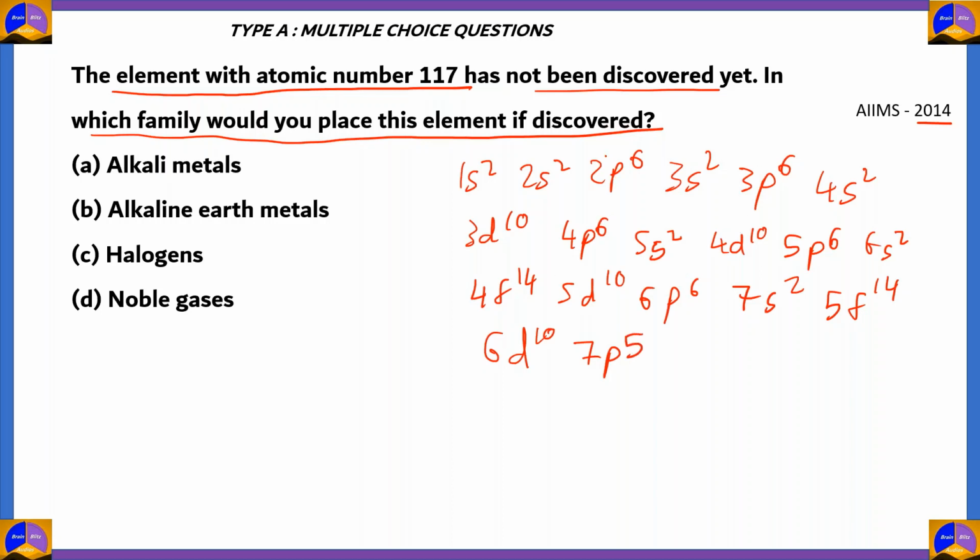So this humongous electronic configuration will be the electronic configuration of an element with atomic number 117.